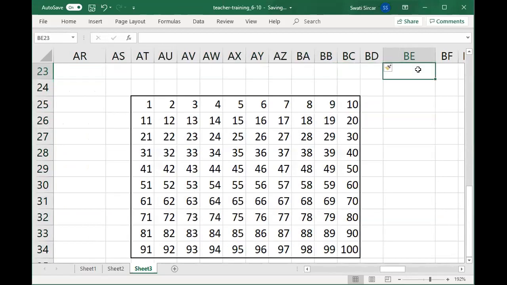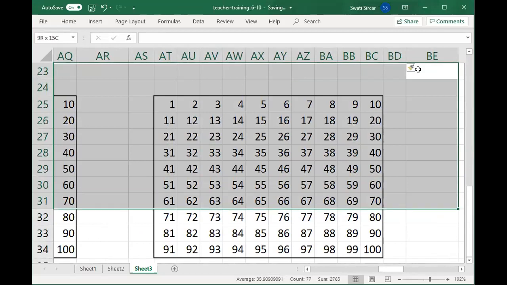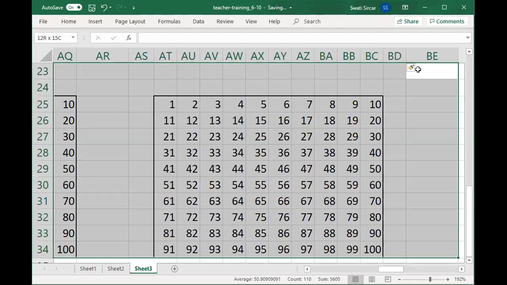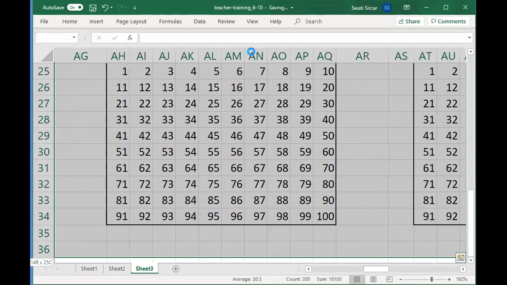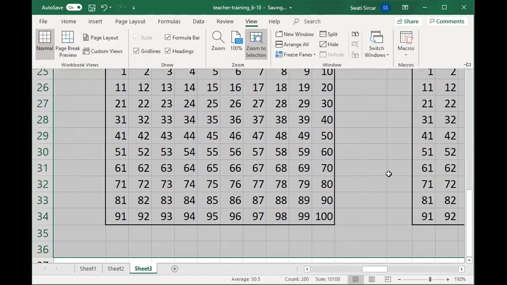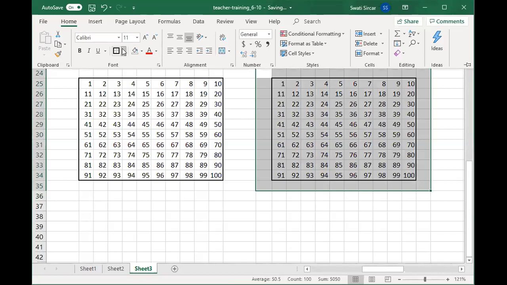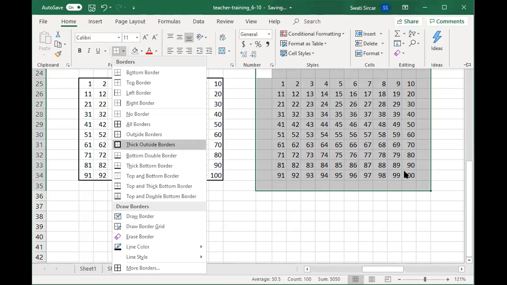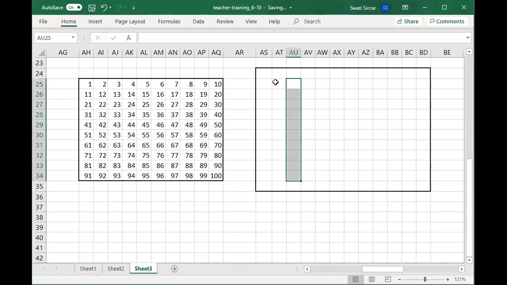This is how the next one is going to look. Whatever I am highlighting, that should be cut out.